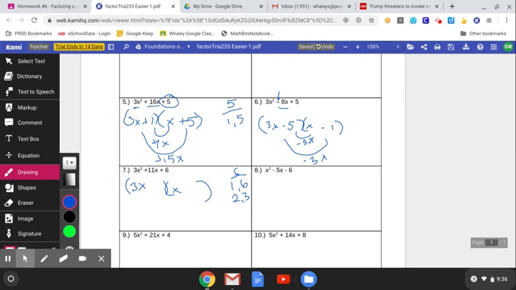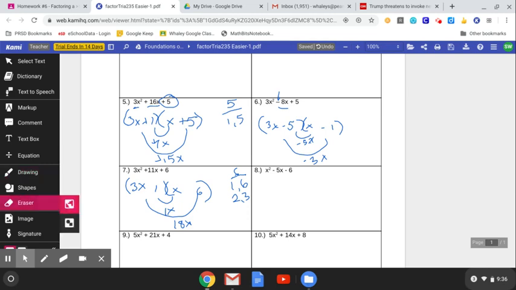You'll get to a point where you can already see which ones they're going to be. But if you don't, you need to try them all. Try 1 and 6: 1x, 18x. No, that's not going to work. There's no way that can combine to give me 11x in the middle. So it's not that. Some of you are going to start to see this and pick it out.